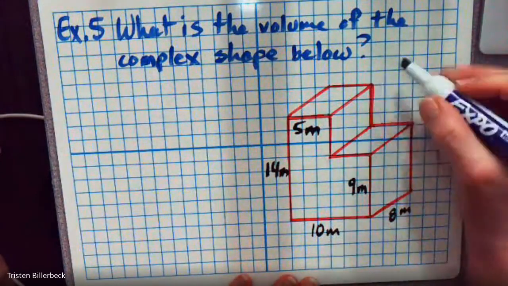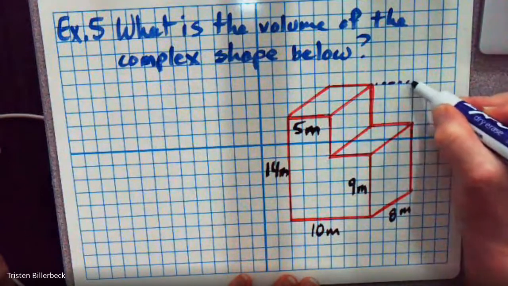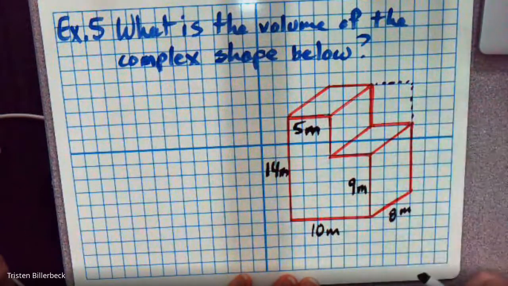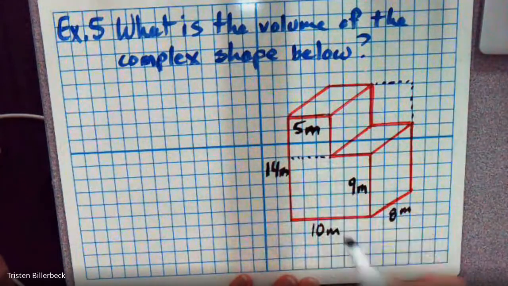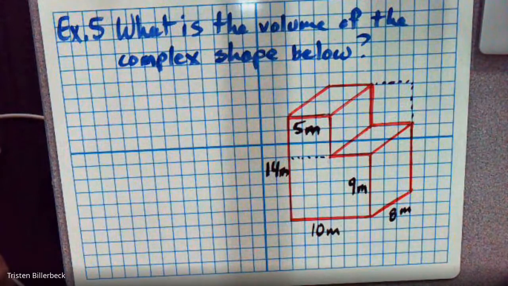We could say, oh, we have a shape like this that has a big chunk bitten out of it. Or we could have said, oh, hey, we have two different blocks on top of each other. So there's two ways we could have gone about finding the volume of the total complex shape.